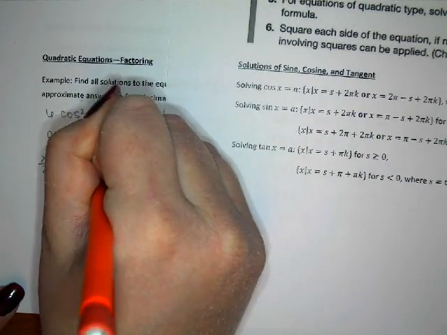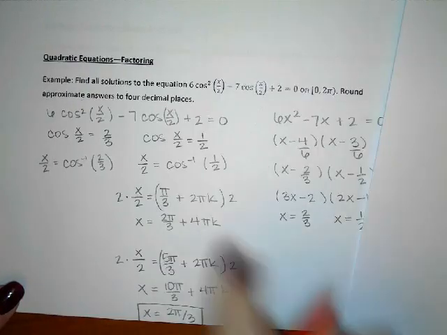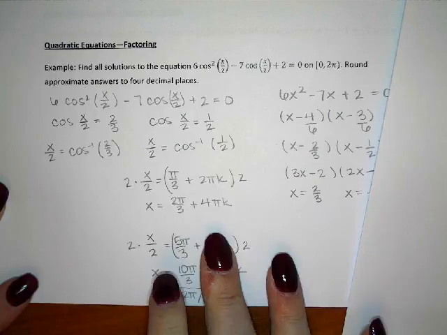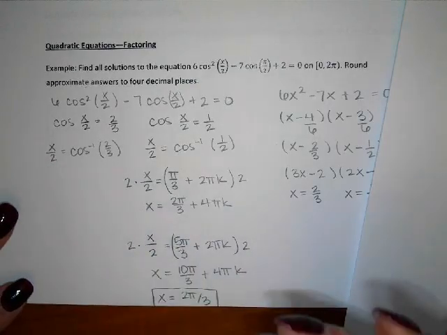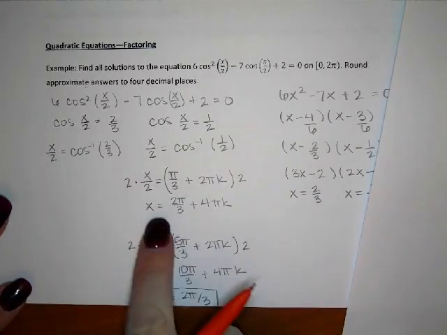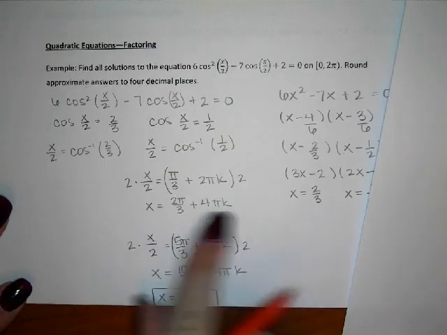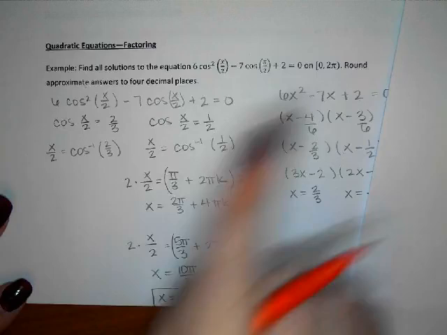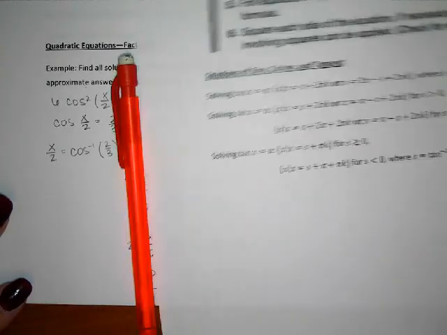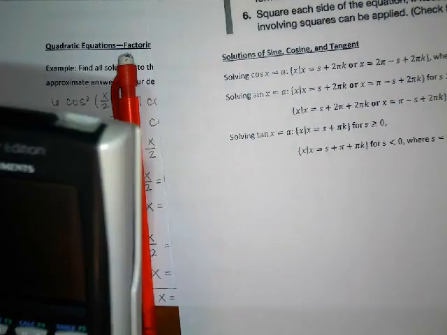And I'm going to have to walk through this process again because I know that the x over 2 gives me kind of funky answers. So I'm going to find the formula to find all of the answers, and then I'll use it to find the ones that are on this specific interval. So I'm going to grab my calculator and make sure that I am in radians, and I am.